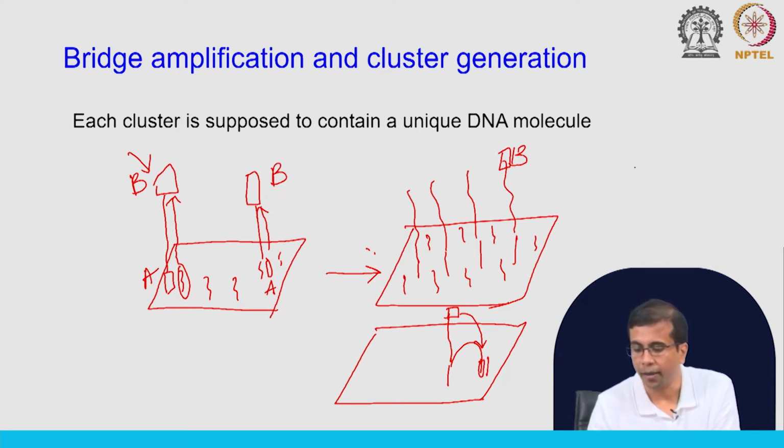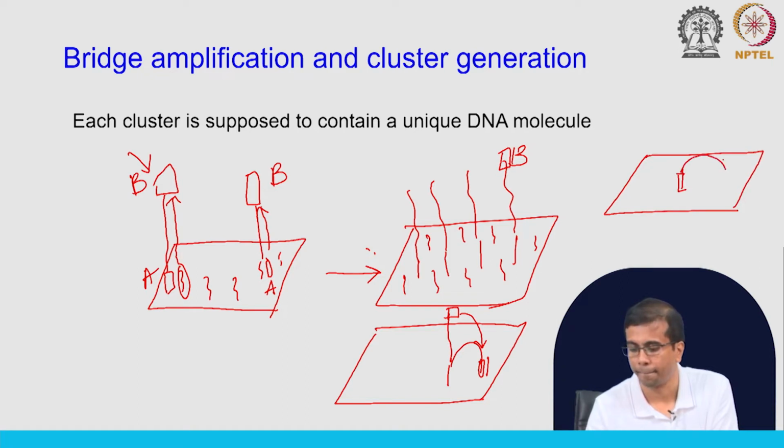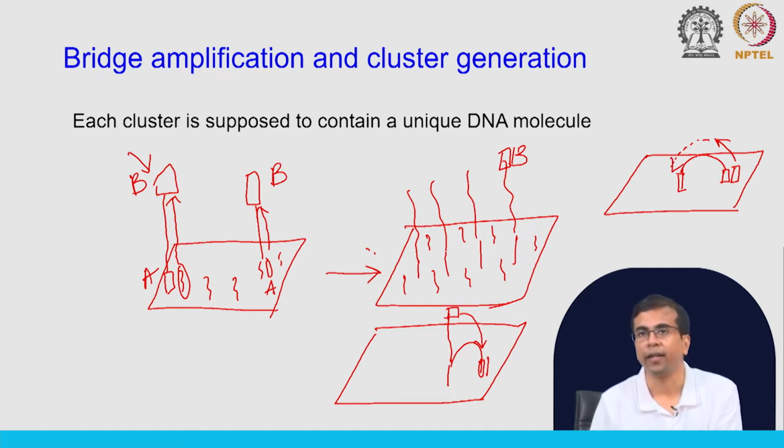So, once you have this bridge structure here, you can again synthesize this. You can amplify this using DNA polymerase and dNTPs, normal amplification, and this is called the bridge amplification.